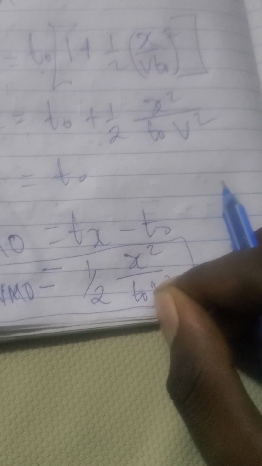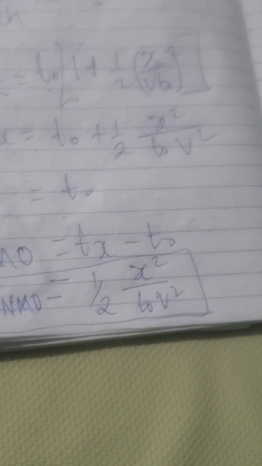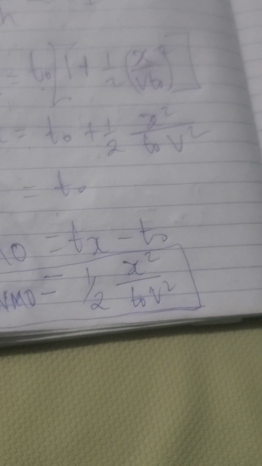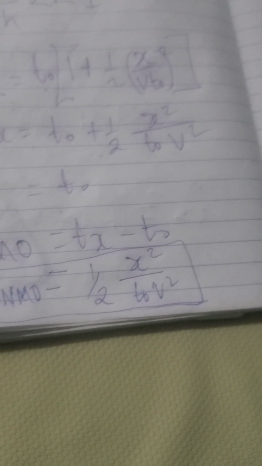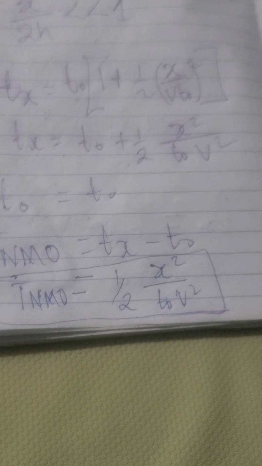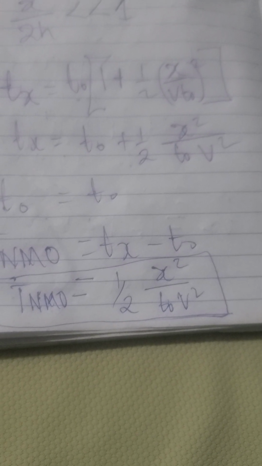This will be the expression for the normal move out. But remember, this expression works correctly at great depth, when the interface is at a very, very large depth. But what about a shallow depth interface?